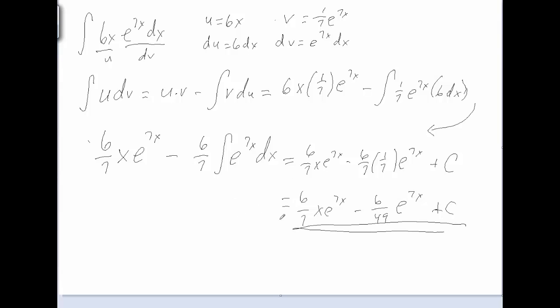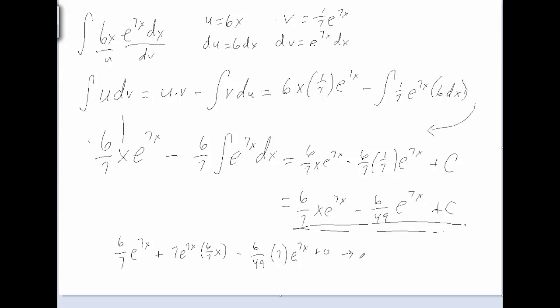And again, we can check our answer here. So using the product rule and the chain rule, we've got the first term, the derivative of the first times the second plus the derivative of the second times the first, and then the derivative of the e to the 7x. And this constant is 0.